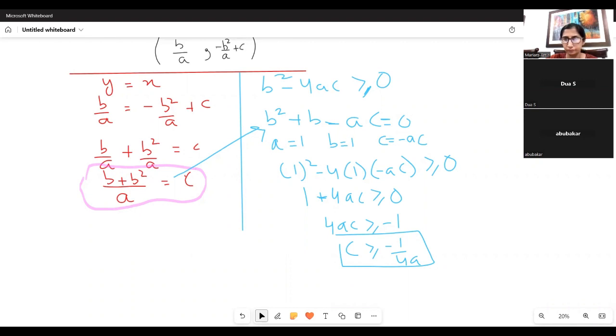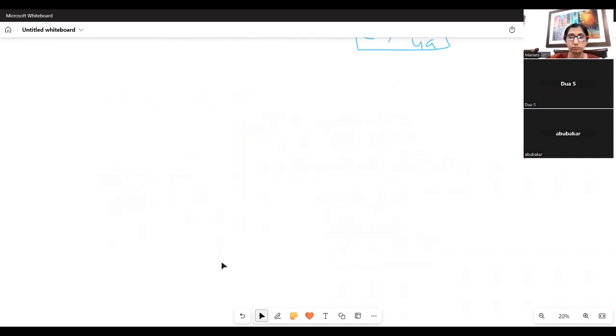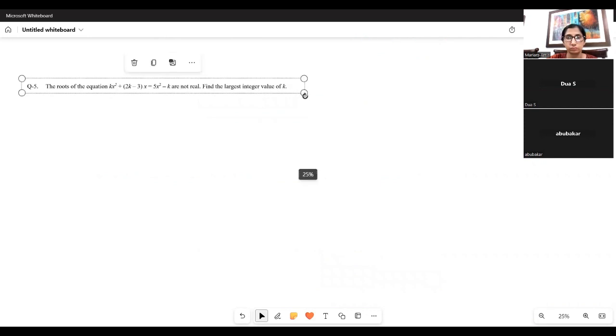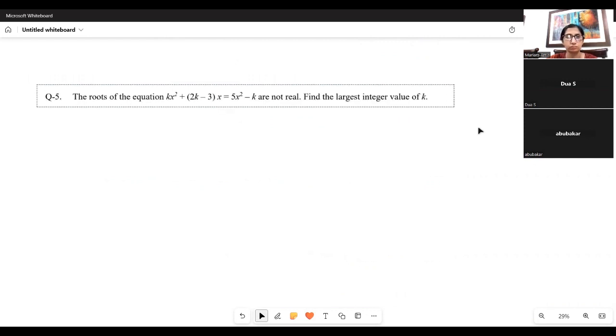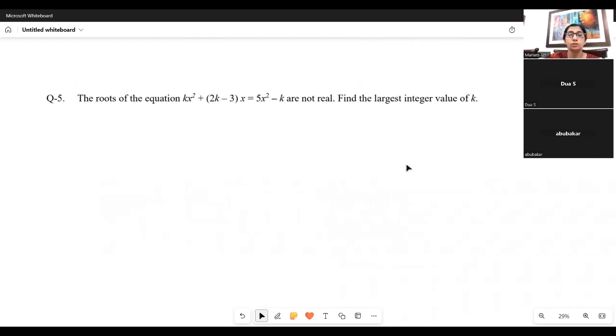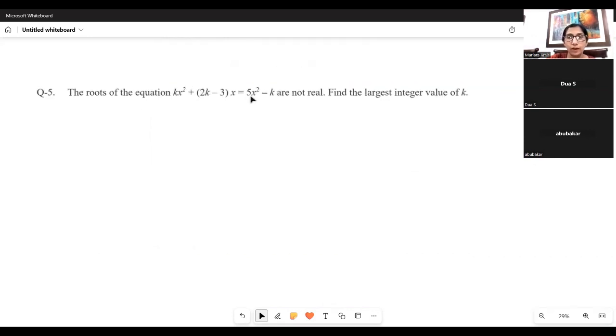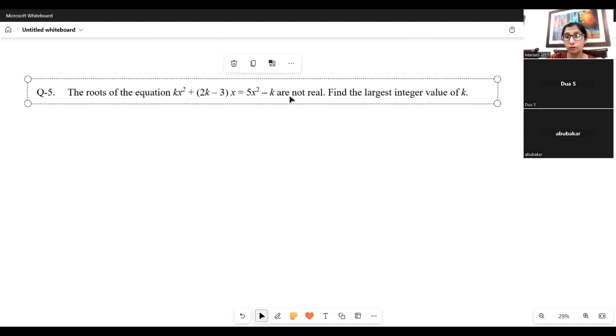Question 5. The roots of the equation kx square plus 2k minus 3x is equal to 5x square minus k are not real.